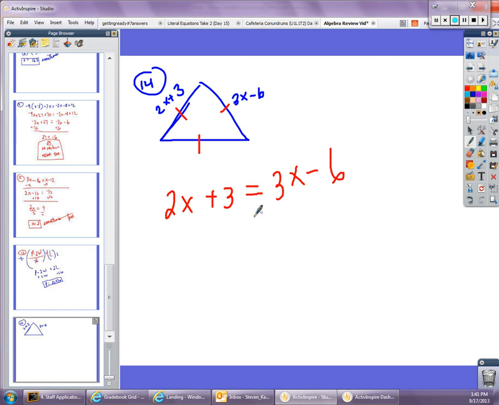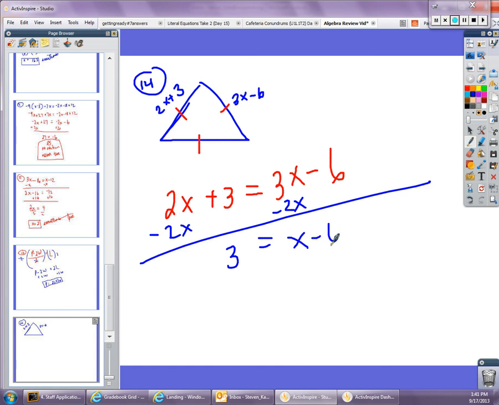And if I solve this equation, and I get x equals 9, that's the x. That's not the side length. That's what x has to be for these two sides to be equal.